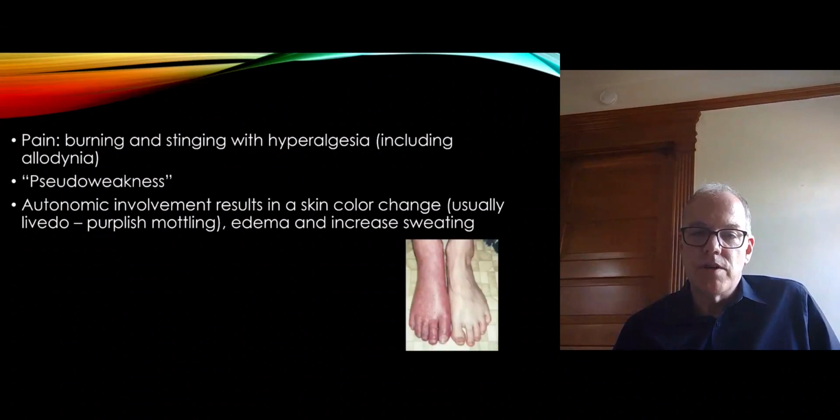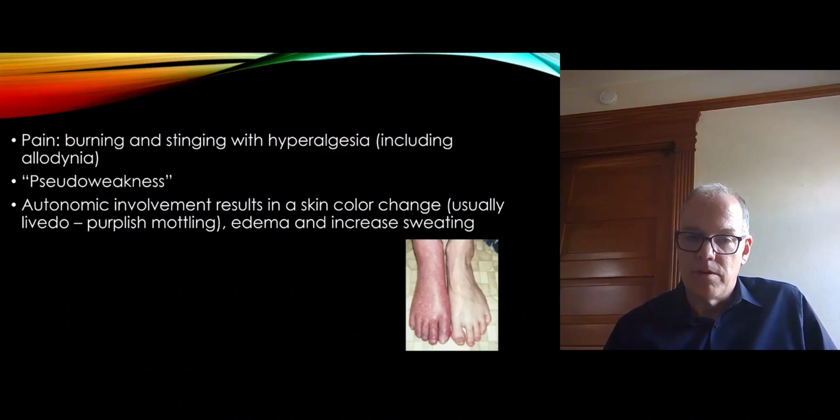So patients with this condition have pain, which is burning, stinging, has features of hyperalgesia, and including allodynia. Okay. Again, the nerves are normal, typically, and so it can be hard to sort this out, but when you check strength in these patients, because of pain, they're usually not able to give good effort. And so we call that a pseudo weakness.